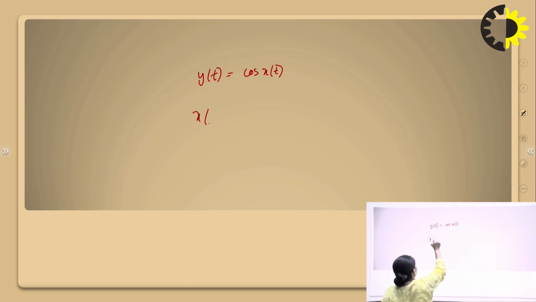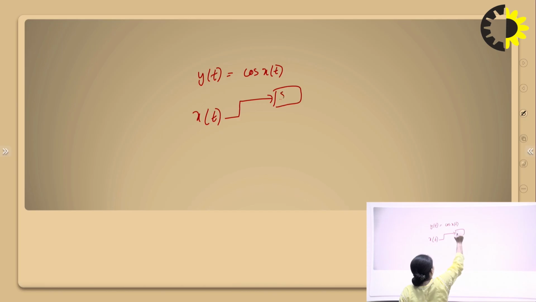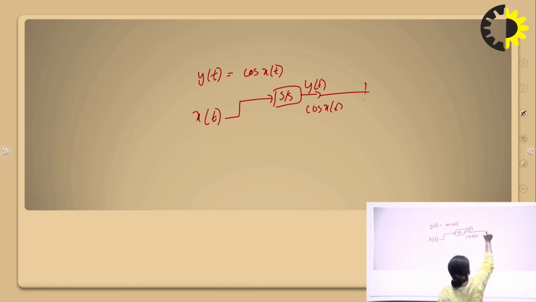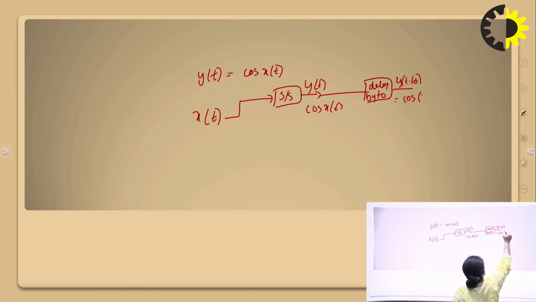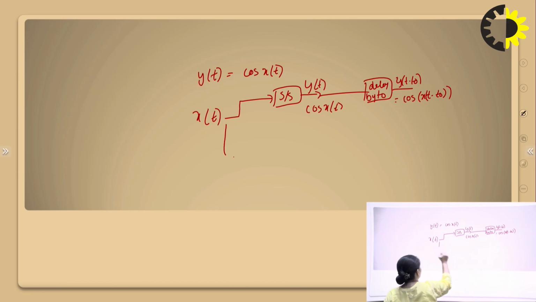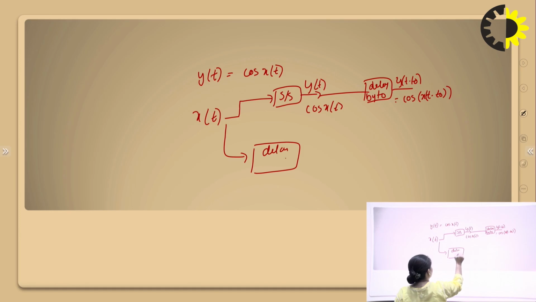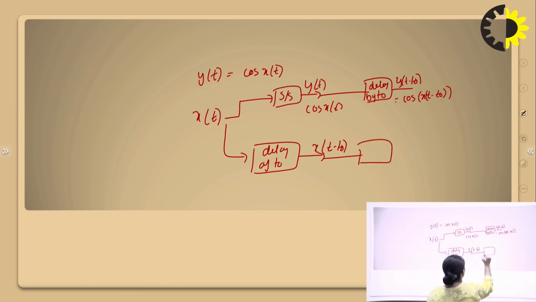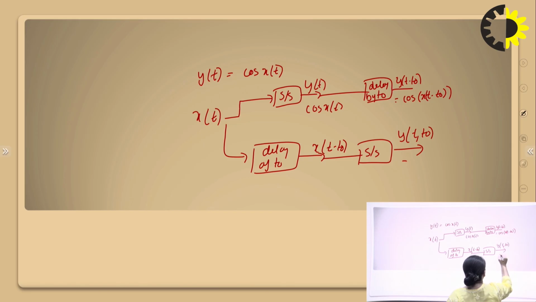If we first pass x(t) through the system, we get y(t), that is cos of x(t), and then we apply a delay by t0, we get y(t − t0), which is equal to cos of x(t − t0). Now first we apply a delay of t0, we get x(t − t0), then we apply it to the system, and we get y(t, t0), which is equal to cos of x(t − t0).